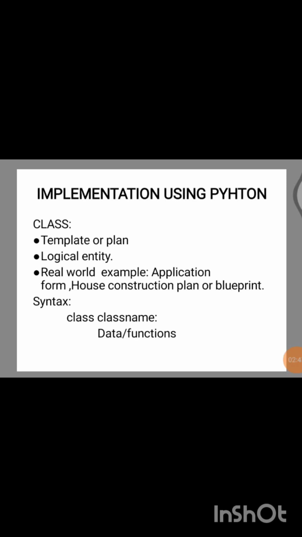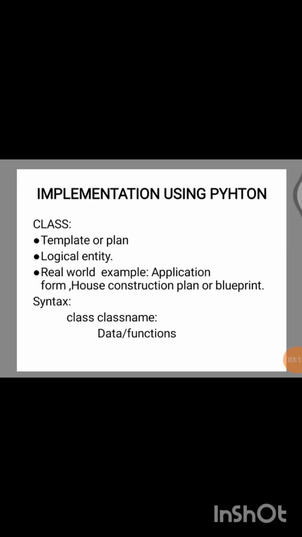So we first learn about what is a class. A class is nothing but a template or plan, and we can also call it a logical entity. A real world example is a house construction plan. If you want to construct a house, we will plan for it using the blueprint.